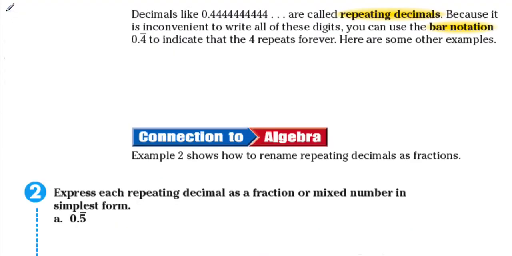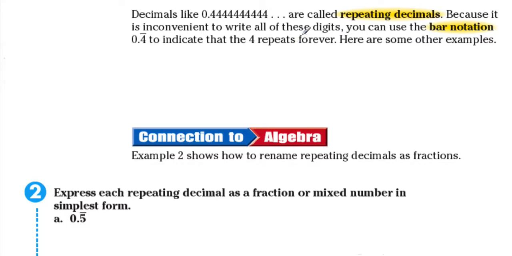Now we move on to the next type of decimal. Decimals like 0.4444444 dot dot dot are called repeating decimals because it is inconvenient to write all of these digits. You can use bar notation for 0.4, bar notation 4 to indicate that 4 repeats forever.